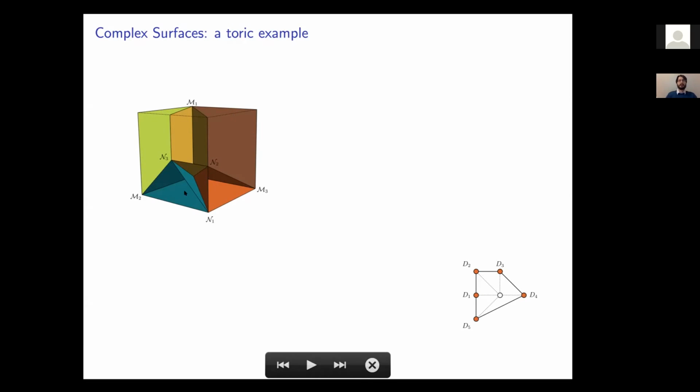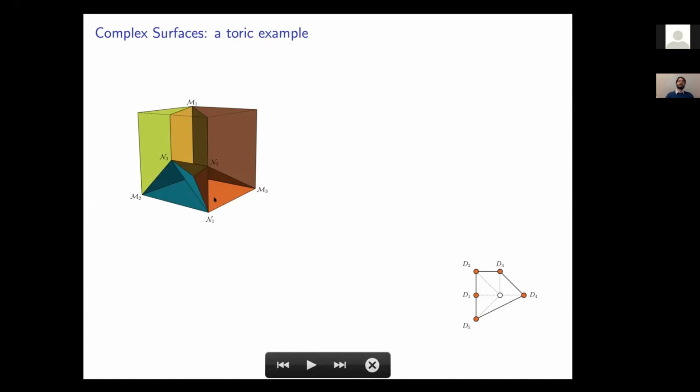Every line bundle that lives inside the Mori cone has global sections, so has a non-trivial H0. Everything that is outside of that has vanishing H0. Now, the cone generated by N1, N2, and N3 is the Nef cone. Inside this, by Kodaira-Kawamata-Viehweg vanishing, H0 is given by the Euler characteristic. So you already have a formula inside this cone.